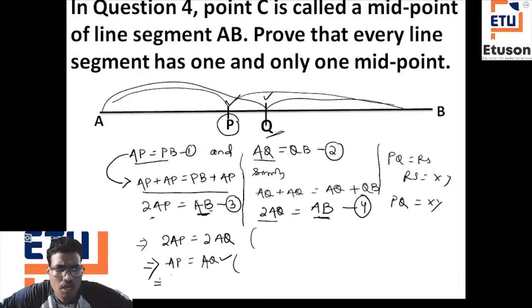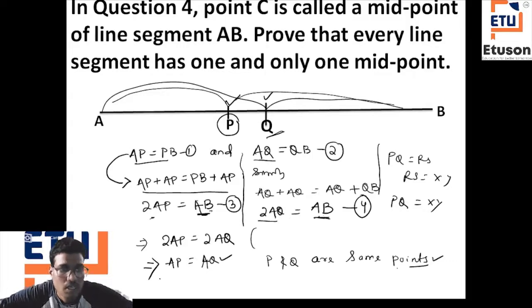So what does this mean? It means that P and Q are same points, right? P and Q are same points. But while we started to solve that question, we assumed that P and Q are two different points, which contradicts our assumption.